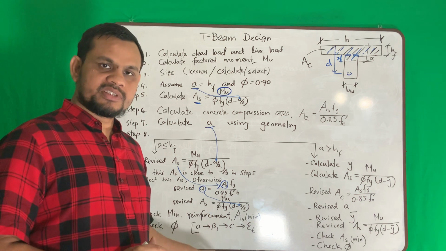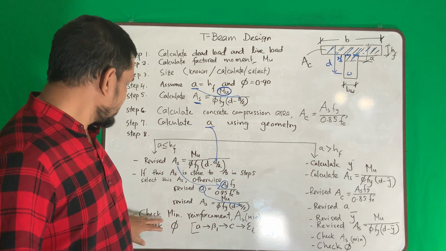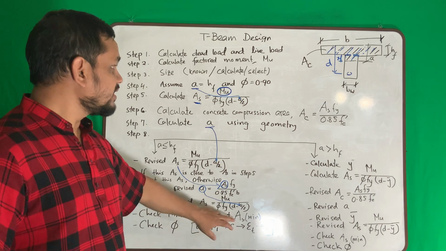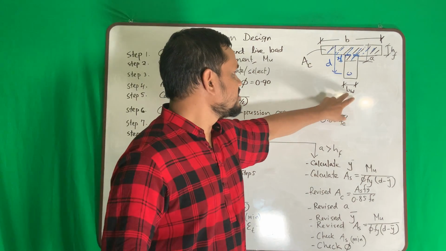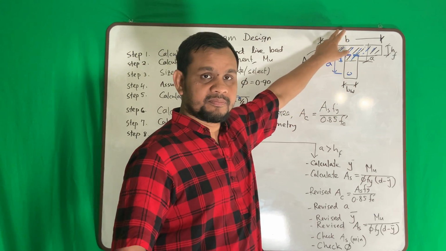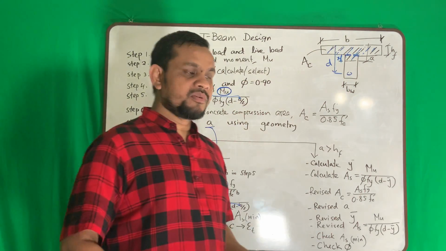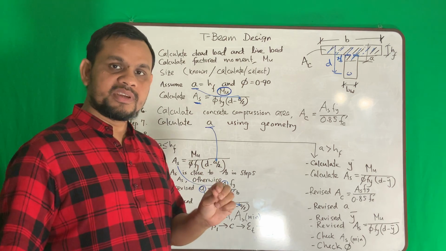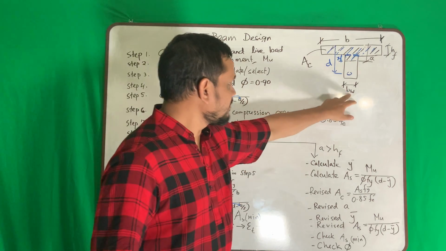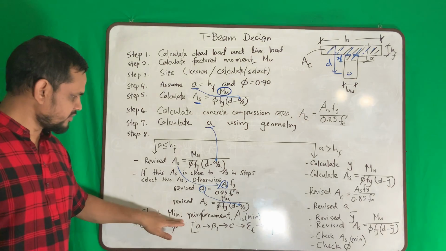You need to check it, but make sure when you are checking minimum reinforcement, that minimum reinforcement is based on this bw, not this. So if you go to your book, make sure in that equation there is a term b or bw. That bw is this for minimum reinforcement.